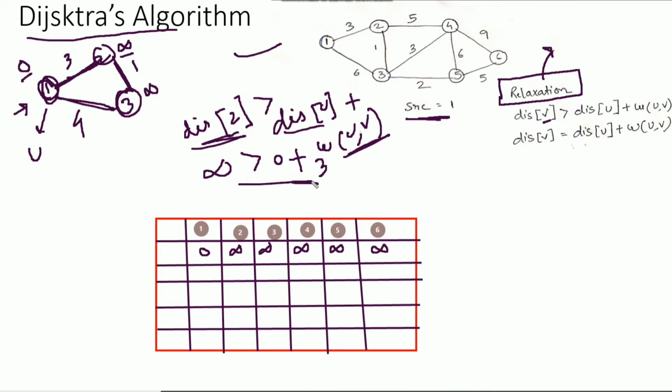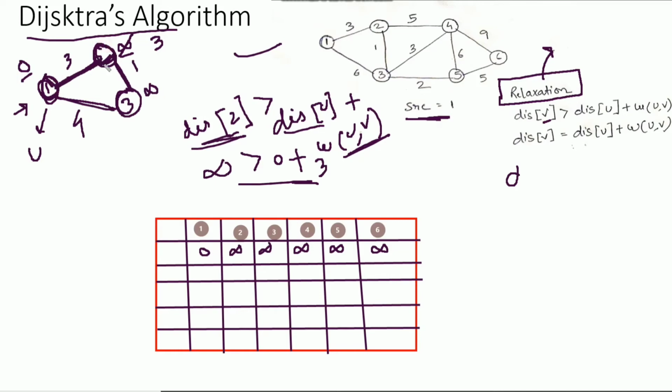If it is true, we need to change the distance value of that vertex from infinity to 3. It identifies that in order to reach vertex 2 from the current vertex u, there is an edge which is smaller than the current distance value of the vertex.